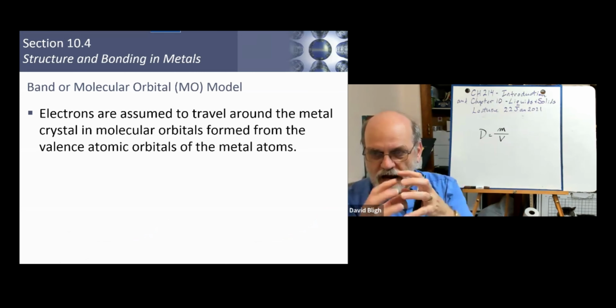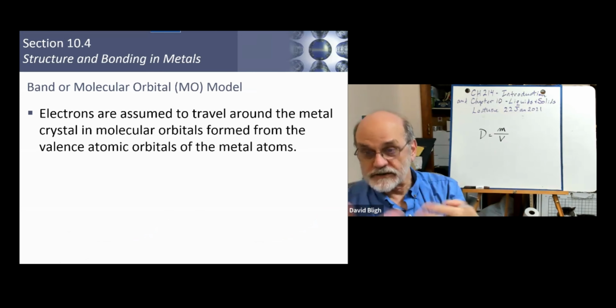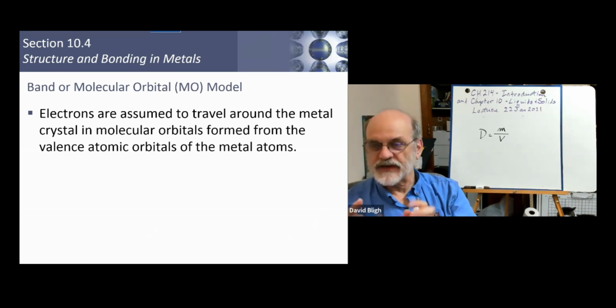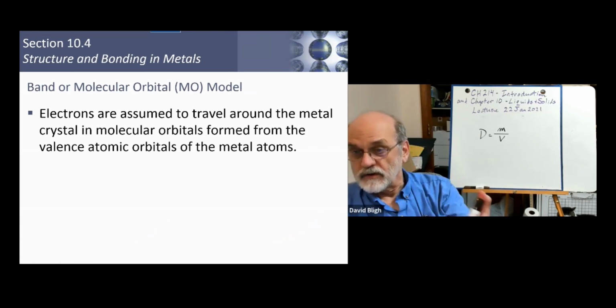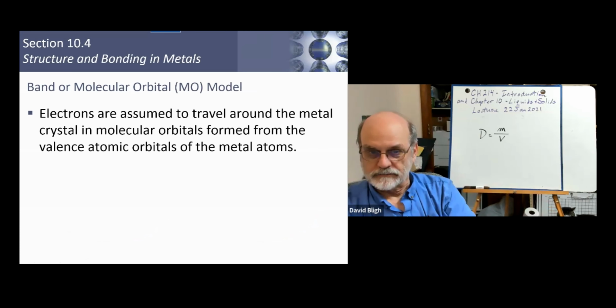So for the entire chunk of metal, you take all of its atomic orbitals, mix them together, and you come out with molecular orbitals. Same number, but you fill all of them with the electrons that are available.